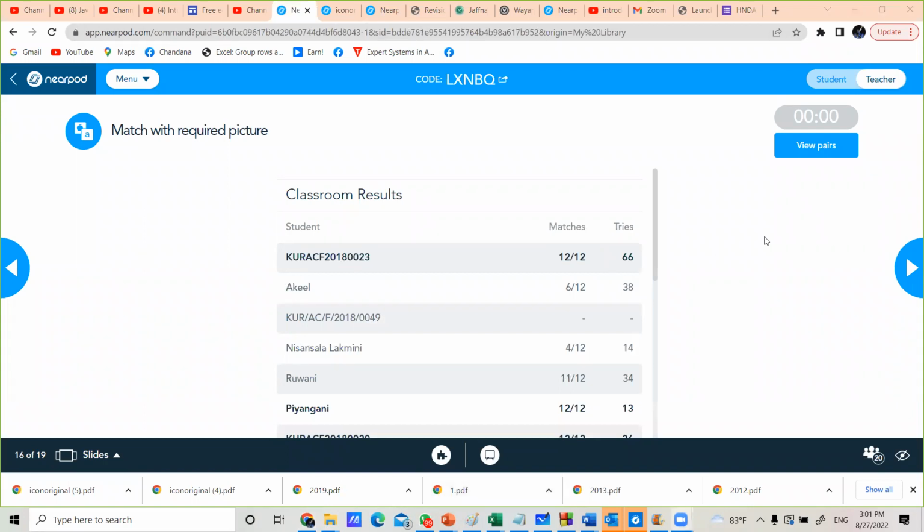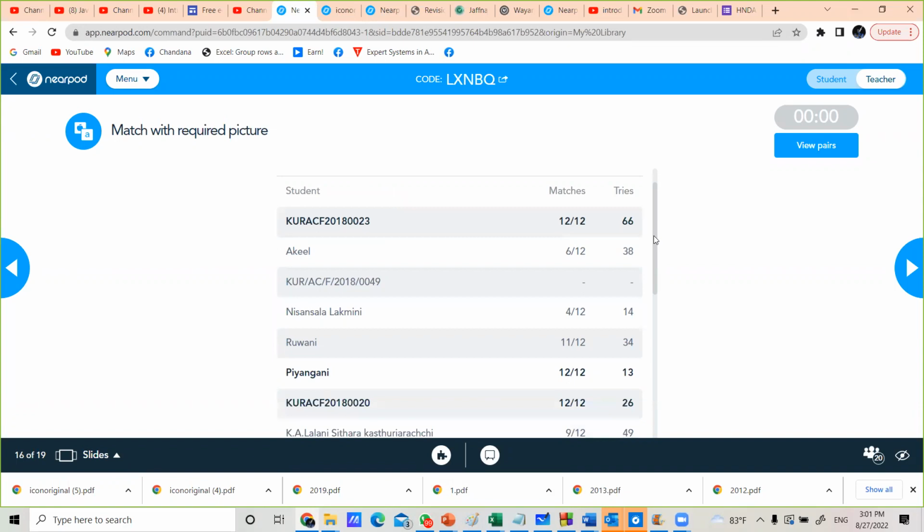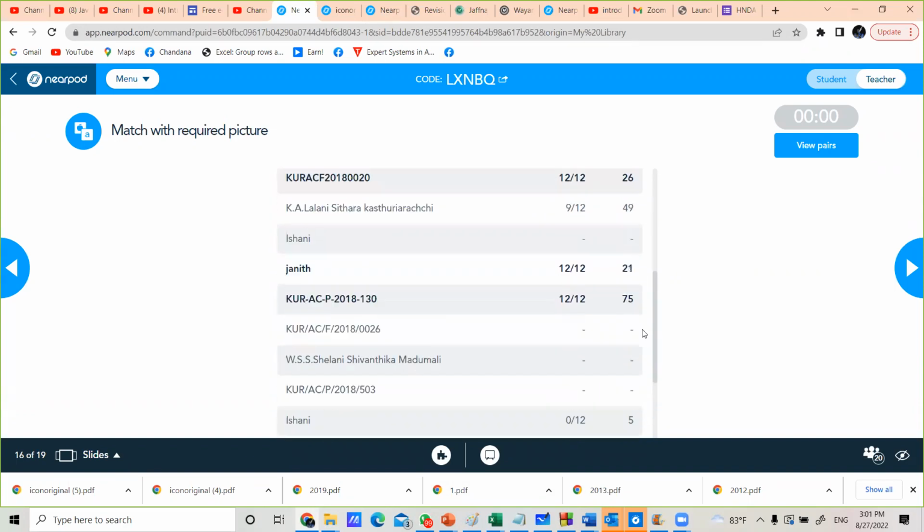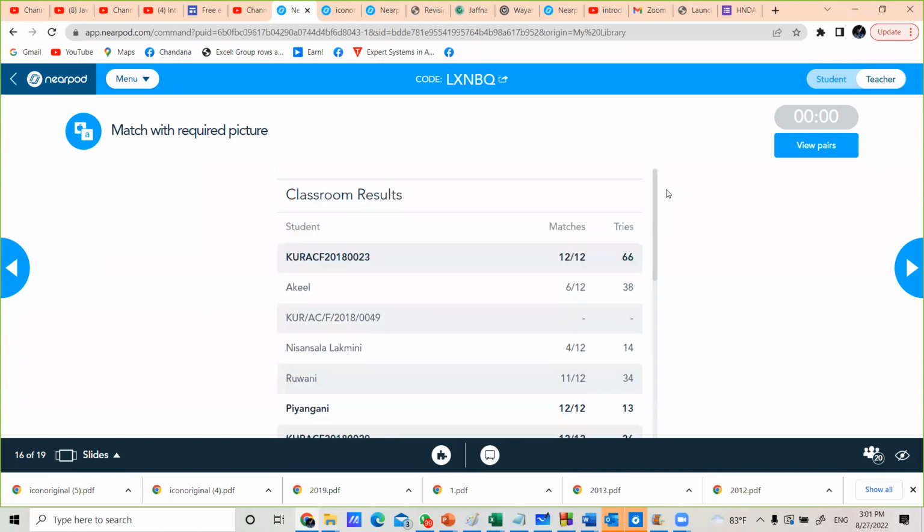Here, the time is over now for this activity. Here, let's take the answers. Before that, 023 got the 12 matches correct.